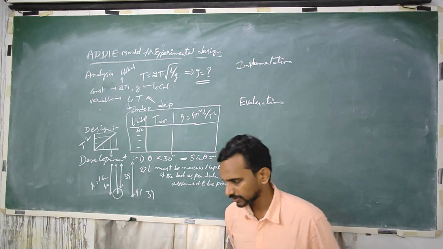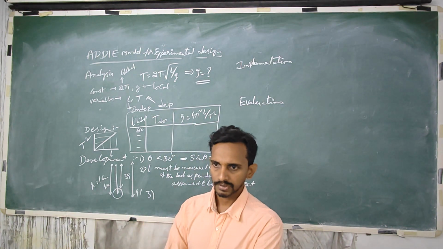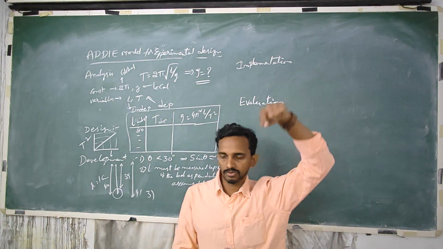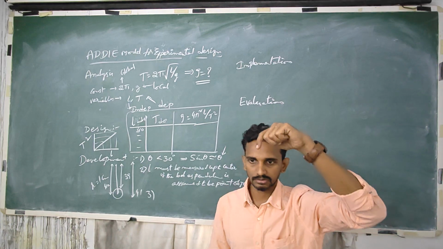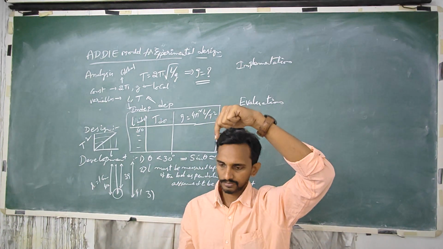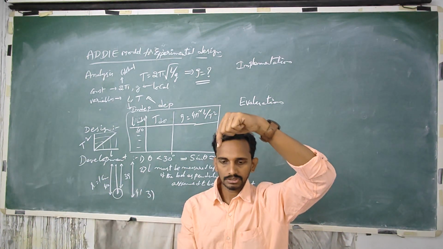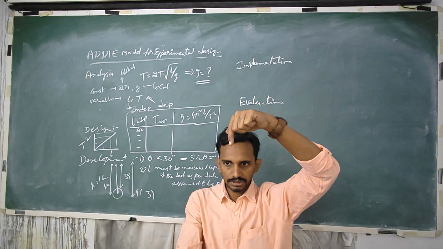So how to measure time period? What is time period? Time taken for one oscillation. So where shall we start our counting? Let's say the pendulum is starting from here. It is going to one end, reaching the center, going to the other end, reaching the center.